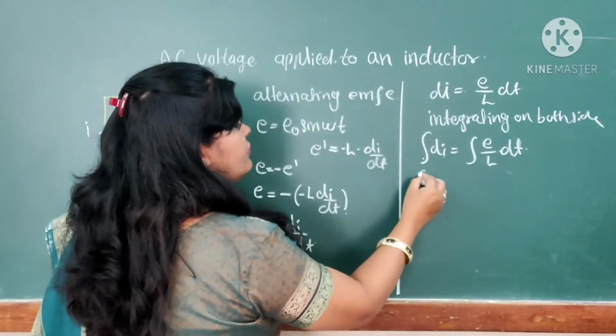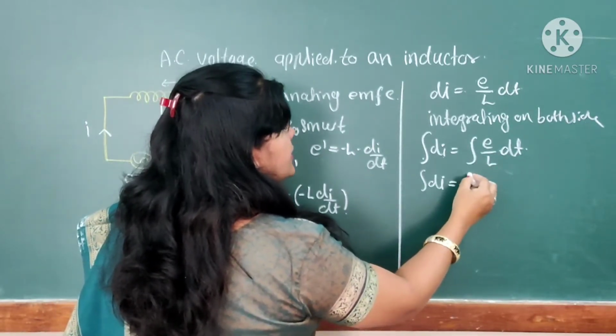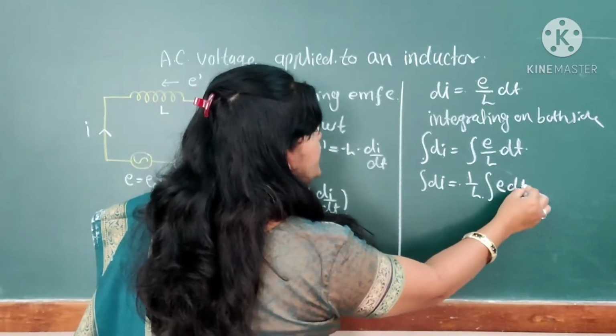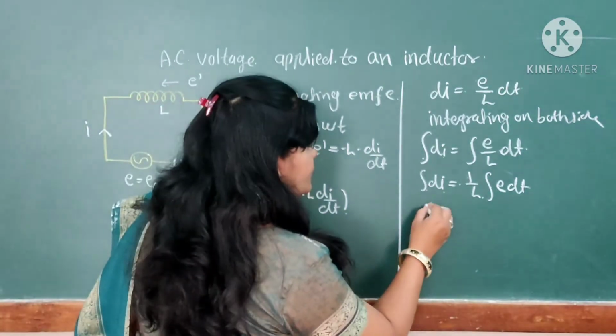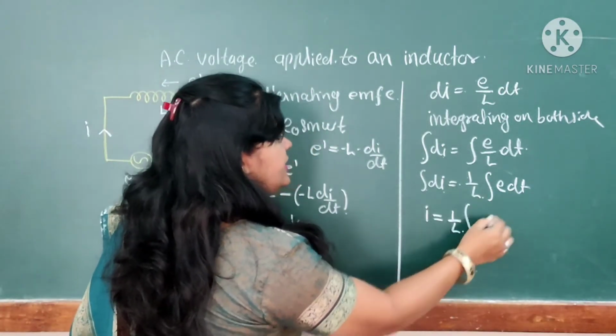Taking L as a constant, the integration of di gives the I value, which is equal to 1 upon L times the integration of E dt.